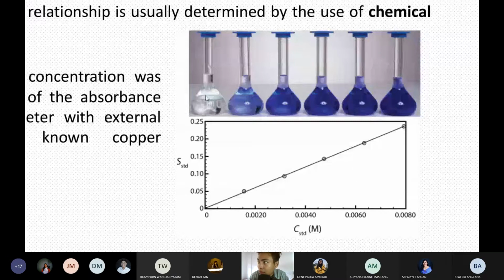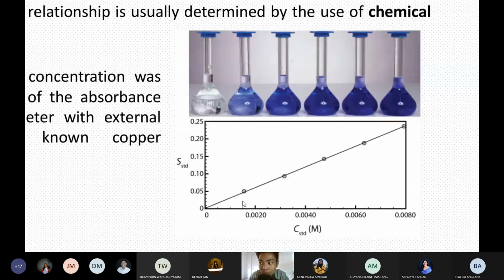For example, this solution has no copper, so that means it must have no response from the instrument. If it has, then you have to correct for that by subtracting the instrument reading for the blank. The blank is the solution without any analytes in it, so it's just water. Let's say this solution is 0.0015 molar in concentration.